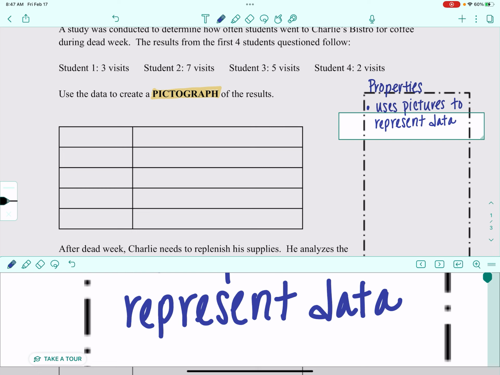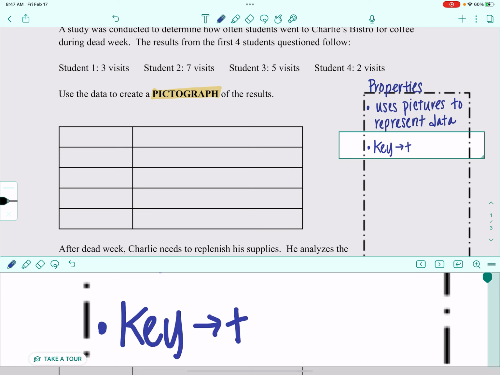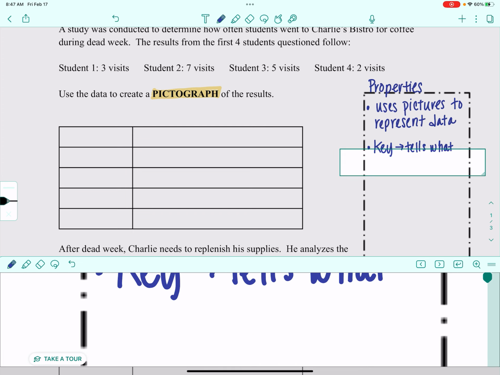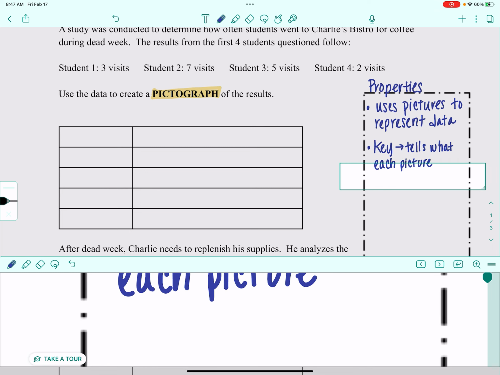And because you're using pictures instead of numbers, one of the things you absolutely have to include in your pictograph is a key. It tells what each picture represents.